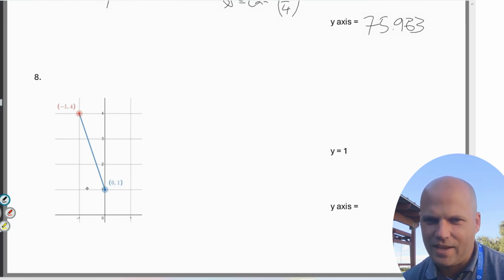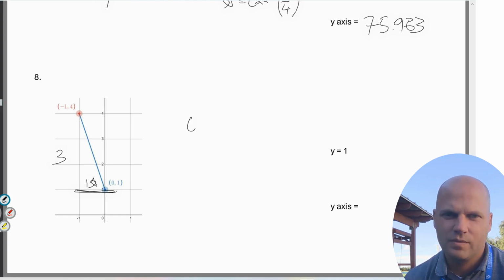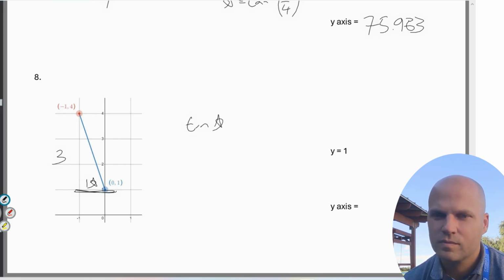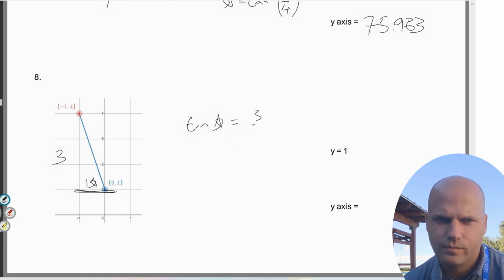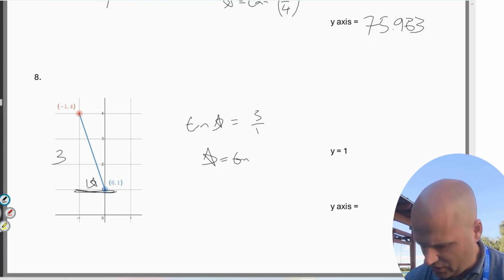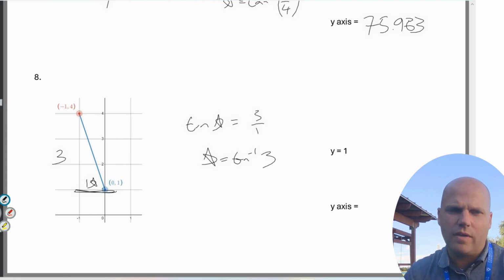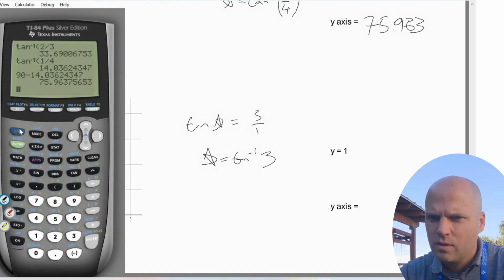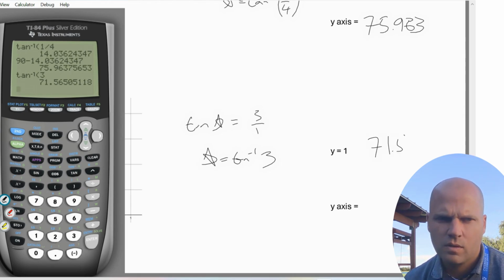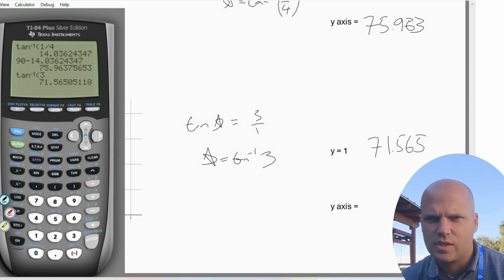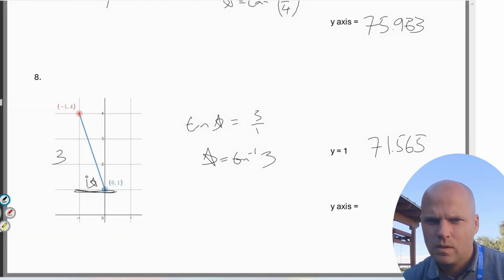What about this angle here? No big deal. 4, 3. This is 3. This is 1. Tangent of the angle equals the ratio. That means the angle equals the tan inverse of that ratio. This will be the opposite, 1.